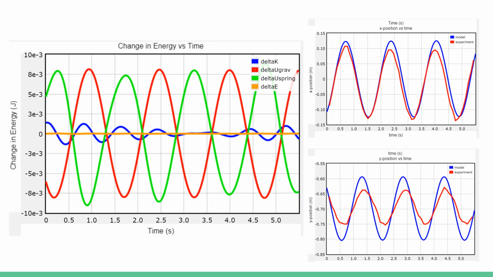But in the energy graph, you can see that the total energy is 0 joules the whole time. The spring potential energy and gravitational potential energy are opposite one another. And there's just a little bit of constant kinetic energy because the mass on the spring is constantly moving.